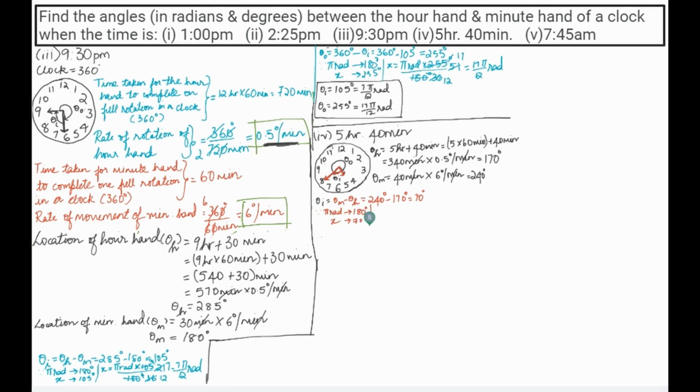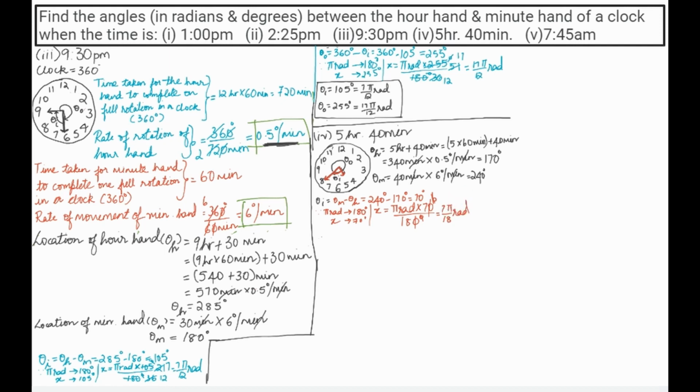When we cross multiply this, we get x is equal to pi radians into 70 degrees divided by 180 degrees. Degree unit and degree unit cancel out each other. 0 and 0 cancel out each other. So we get 7 pi by 18 radians. So next the outer angle.